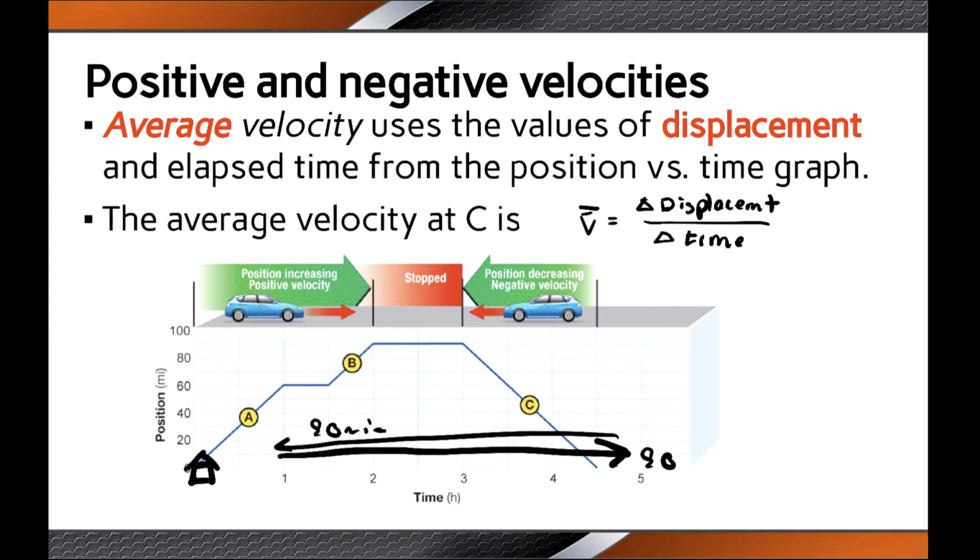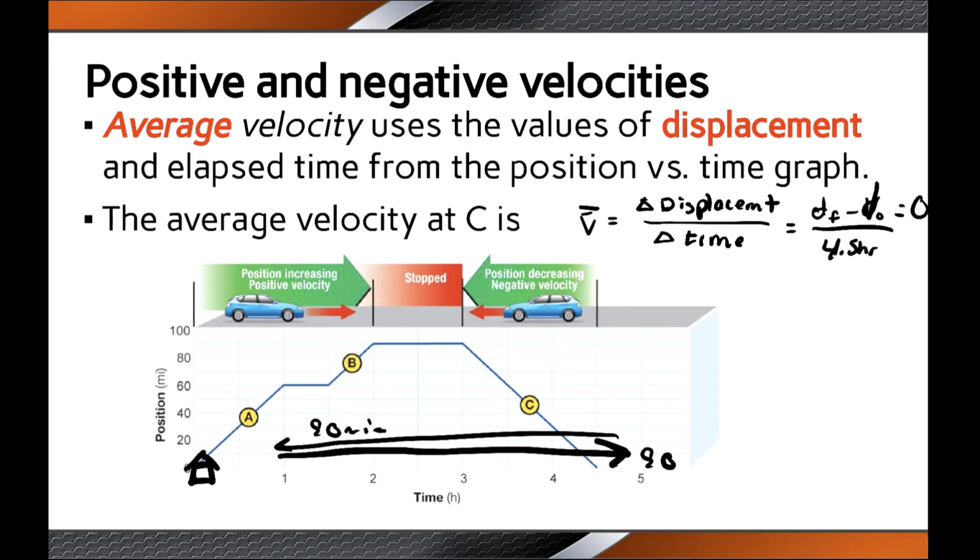So what's our displacement from beginning to end? From beginning to end, for our distance final minus distance original, it was 0. If we divide it by our time frame of 4.5 hours, it really wouldn't even matter, because 0 divided by anything is going to be 0. So our average velocity there would be simply 0.